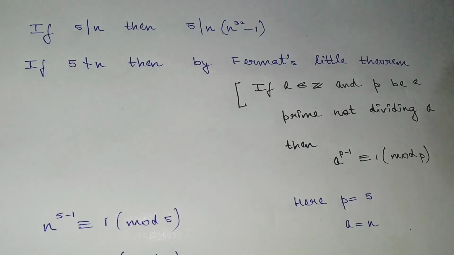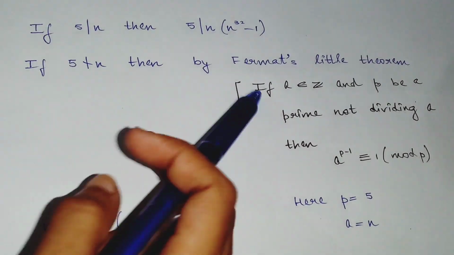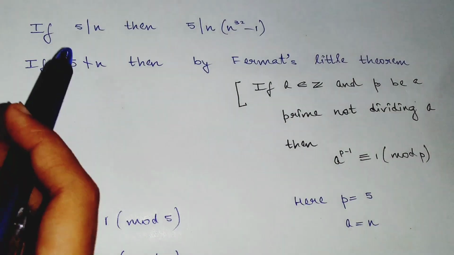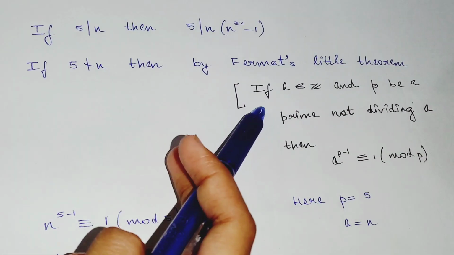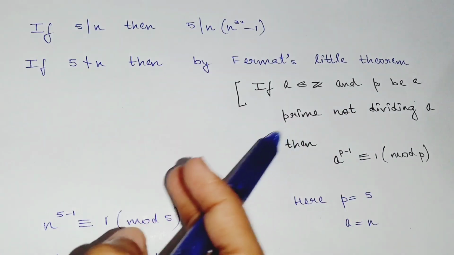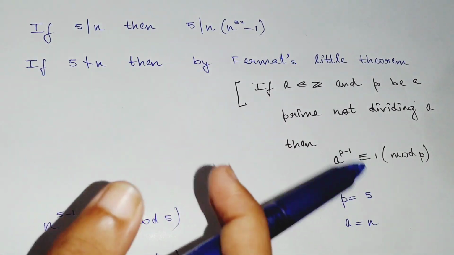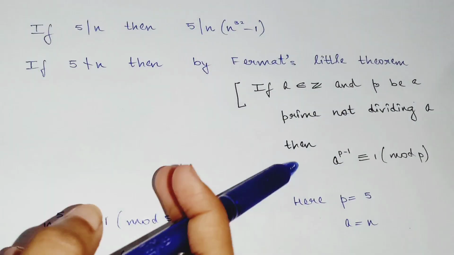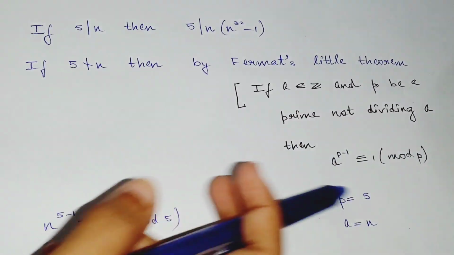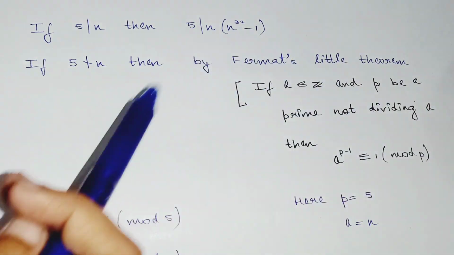If 5 does not divide a, let us assume that 5 does not divide a, then by Fermat's little theorem, if a belongs to Z and p is a prime number not dividing a, then a raised to p minus 1 is congruent to 1 mod p.